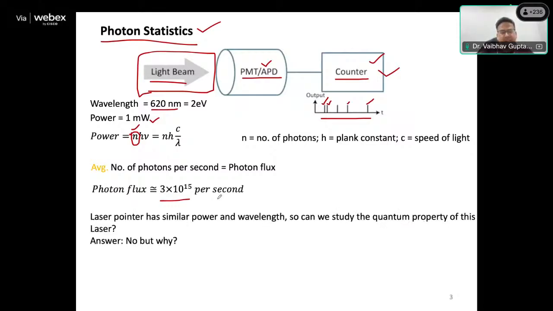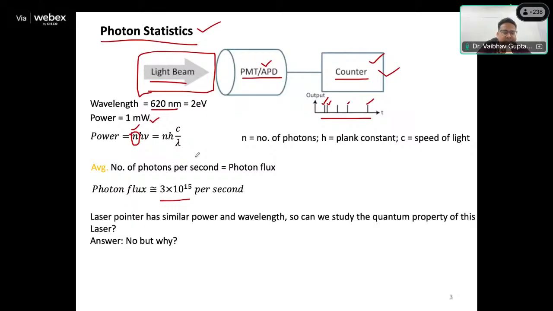But the question comes: this laser diode, the laser pointer which we are using, can we use this as a single photon source? Because a lot of photons are coming, what we could do is dilute this laser and try to get only one single photon from it. So will it become a single photon source?